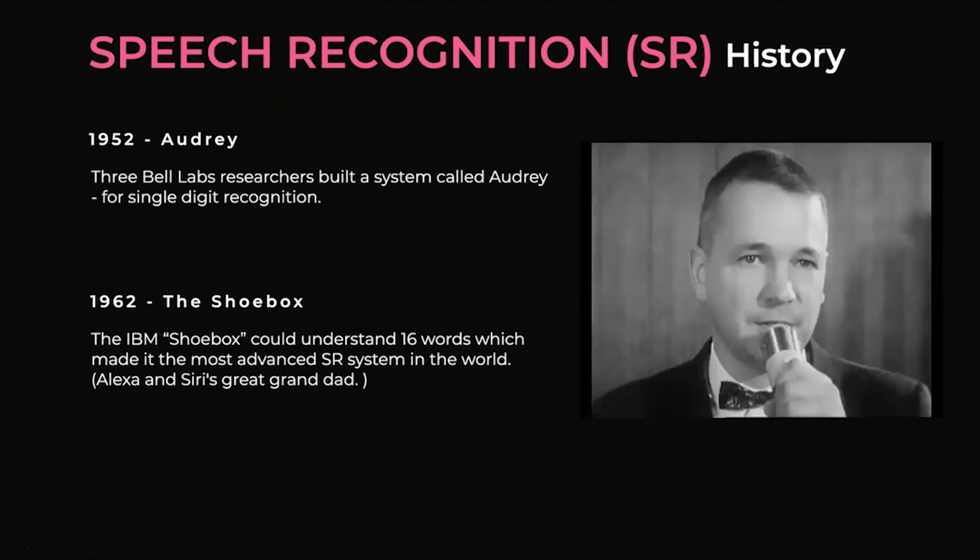Yeah, very interesting history. So back in 1952, three Bell Labs researchers built a system called Audrey for single-digit recognition. For example, if you say something, there will be some light on the machine, and it knows, oh, I know you are talking. That's the first speech recognition. It means the machine knows that someone is speaking, but doesn't really understand what's going on, and probably couldn't really put any command later, right?